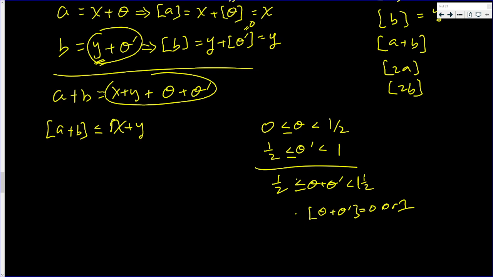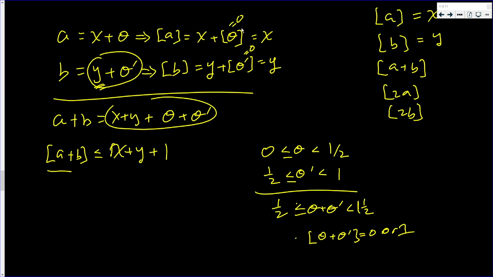It's going to be 0 or 1. So this is less than or equal to x plus y plus 1. Okay? So this is less than or equal to x plus y plus 1.